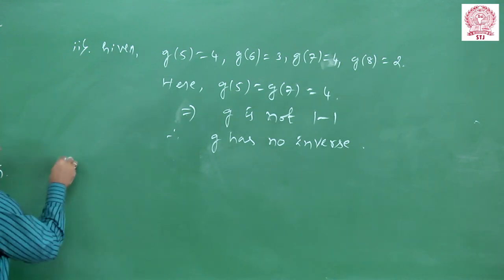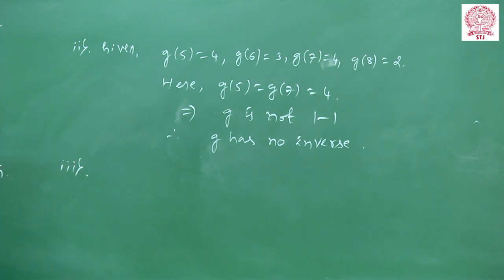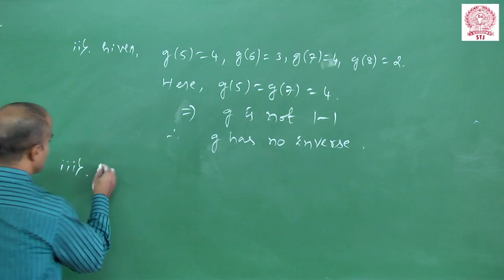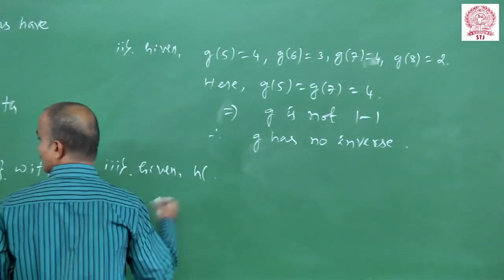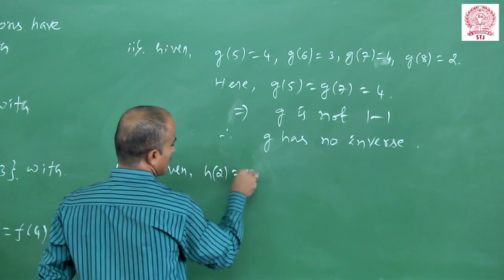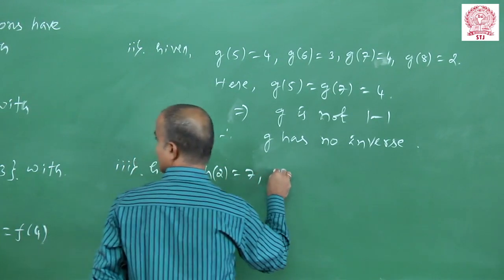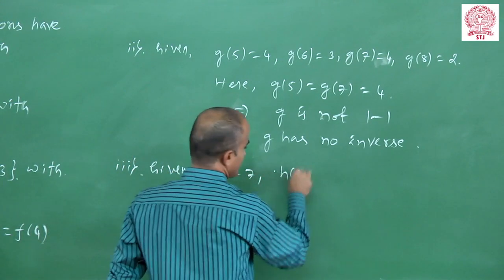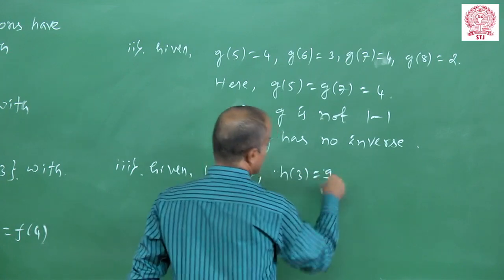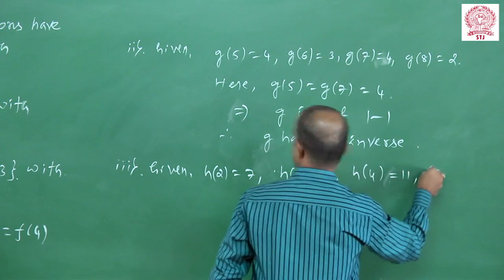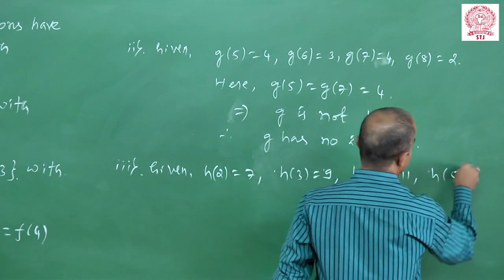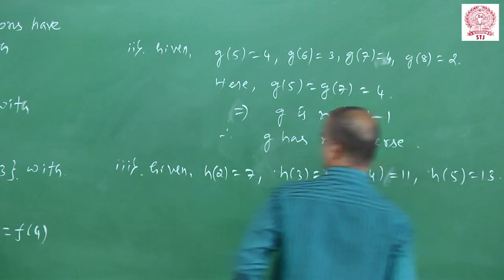Now, for the third case, h is defined from the set {2, 3, 4, 5} to {7, 9, 11, 13}, where the given image of 2 is 7, h of 3 is 9, h of 4 is 11, h of 5 is 13.